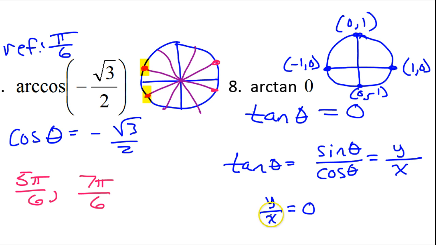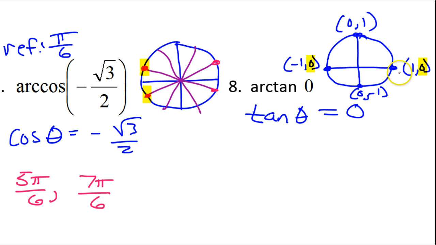Well, the only way to get 0 out of a fraction is if the numerator is 0. So basically the y value needs to be 0. So let's take a look around. Y value is 0 here, y value is 0 here. So these are the 2 angles that satisfy this little equation.